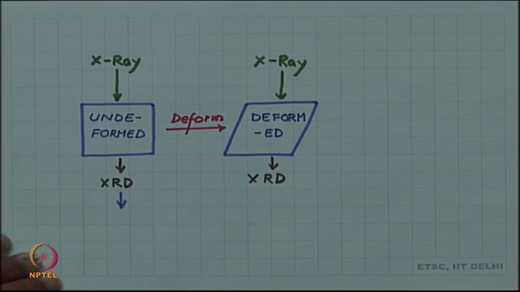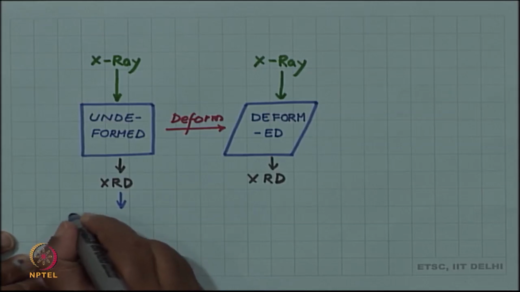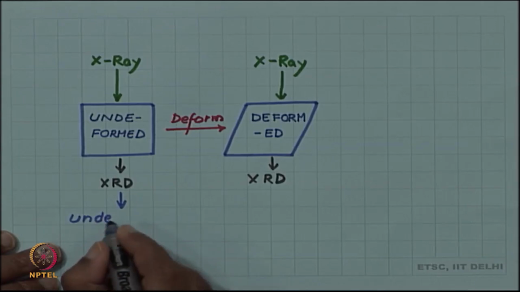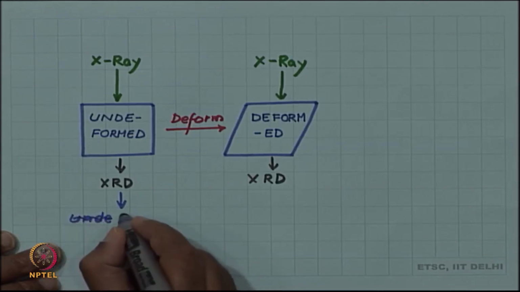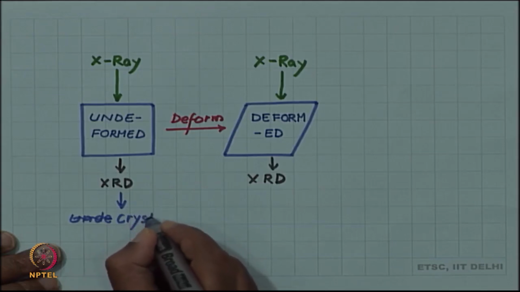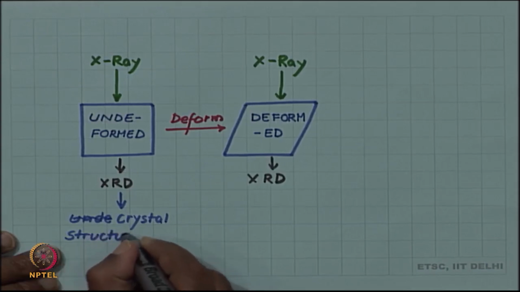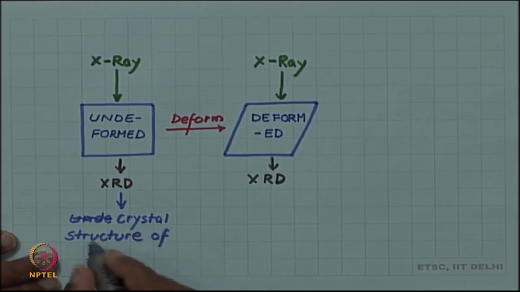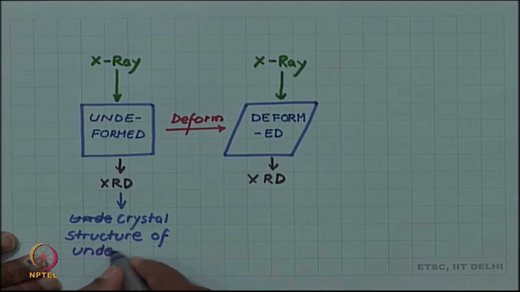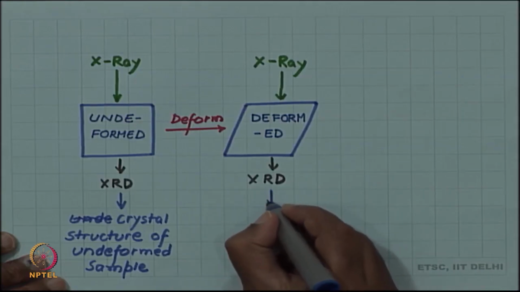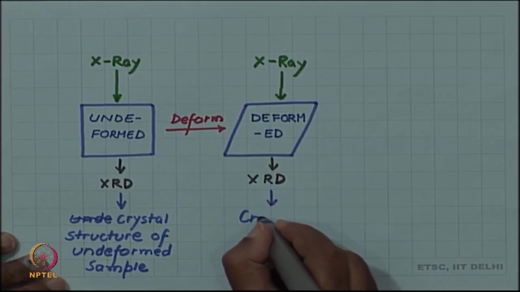So, when we analyze the X-ray diffraction of the undeformed, we will get the crystal structure of the undeformed material, and this will give me the crystal structure of the deformed sample.